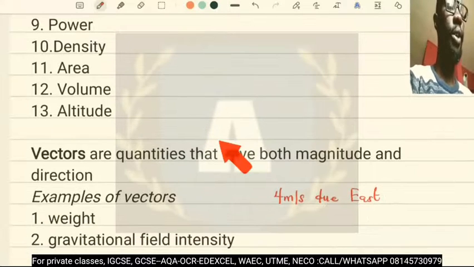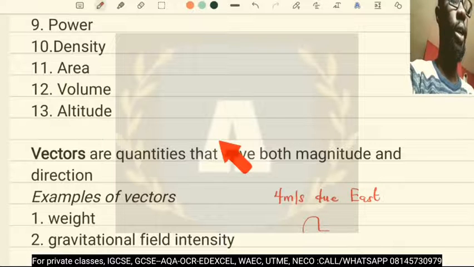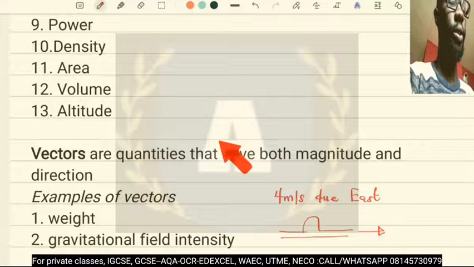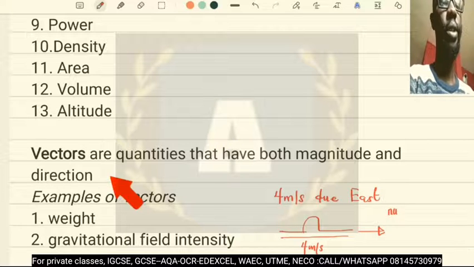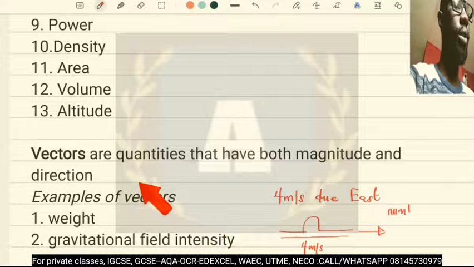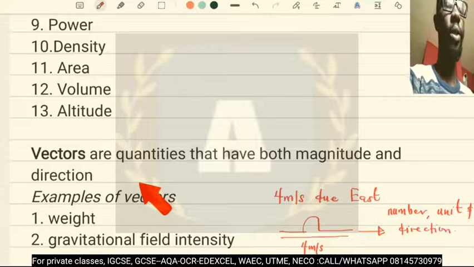We know the direction with which the car will travel. The velocity of the car is 4 meters per second, so it has three things: number, unit, and also direction. Those are vector quantities.